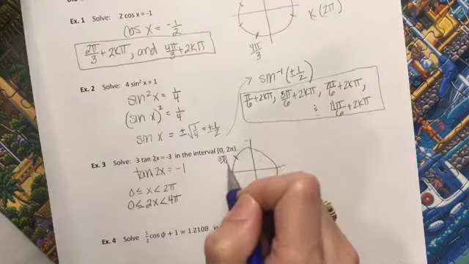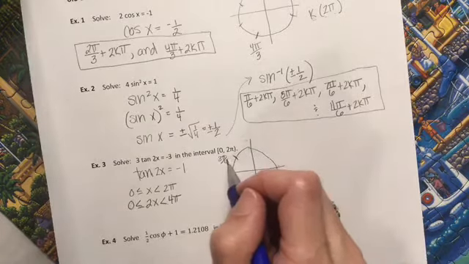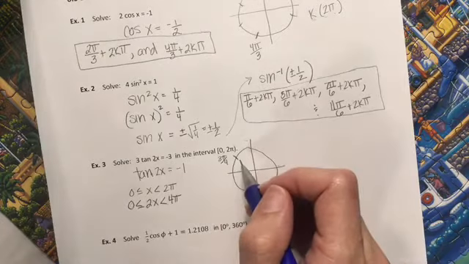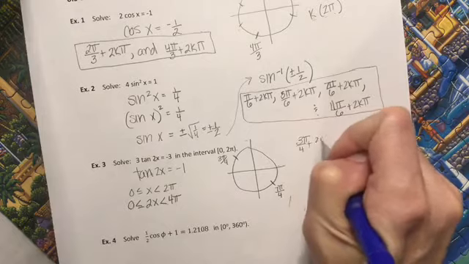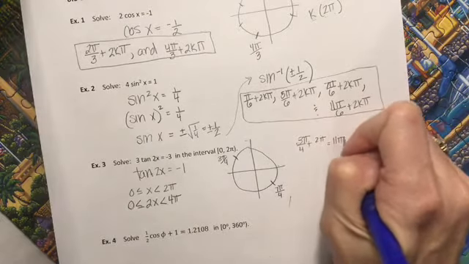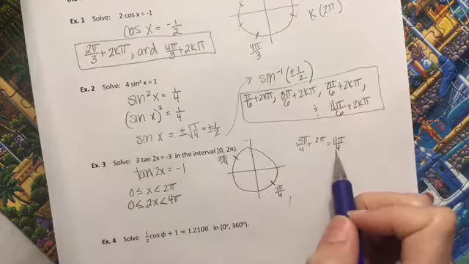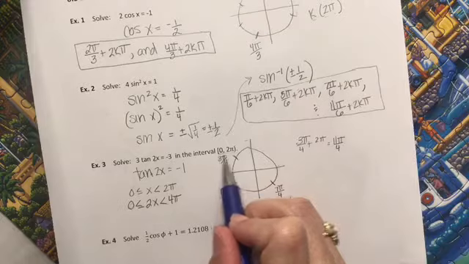So it's 3 pi over 4, and then if you go another 2 pi, 3 pi over 4 plus 2 pi is going to get 11 pi over 4. So that's another one of the answers. You're going to have 4 answers in between here.